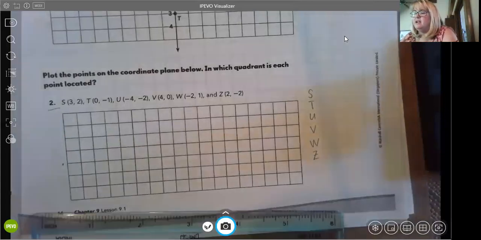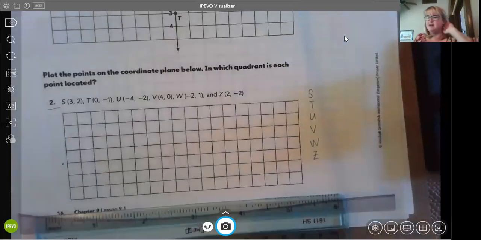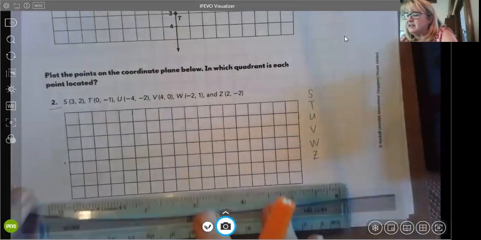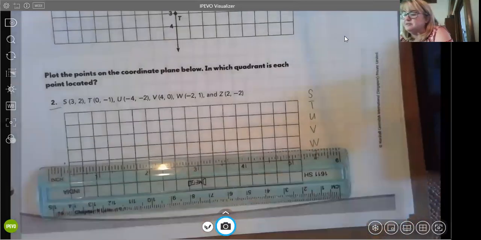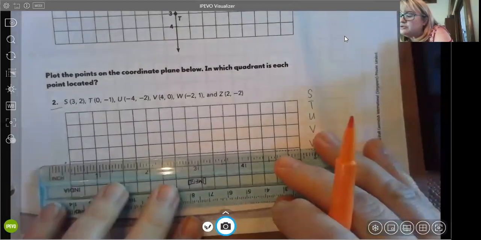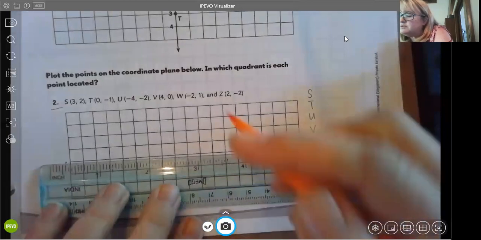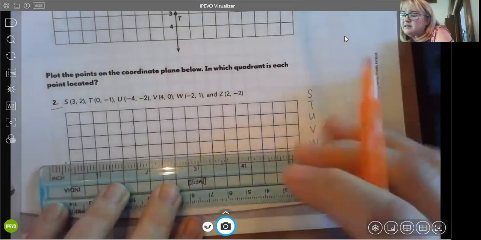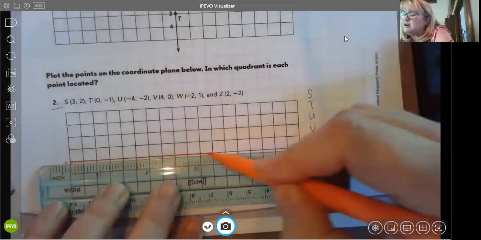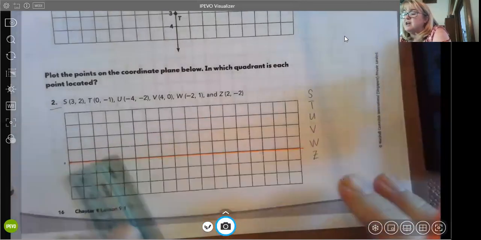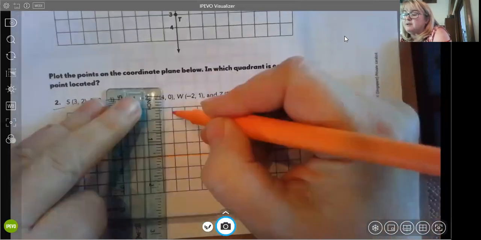x and y axis. And we've got to be strategic about this. I'm not going to get too much into the strategy, but I want you to draw it about where I do. And if you want to use a colored pencil or something, you may do that. I'm going to draw it out the middle.